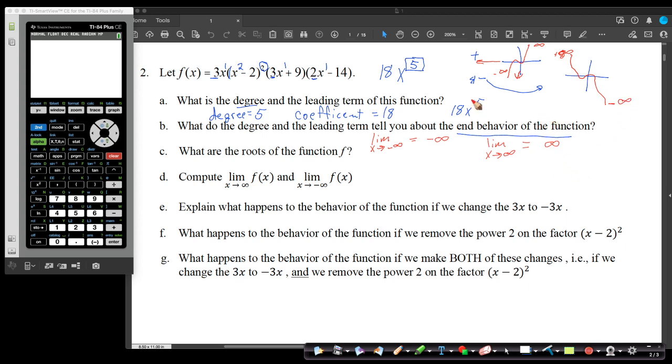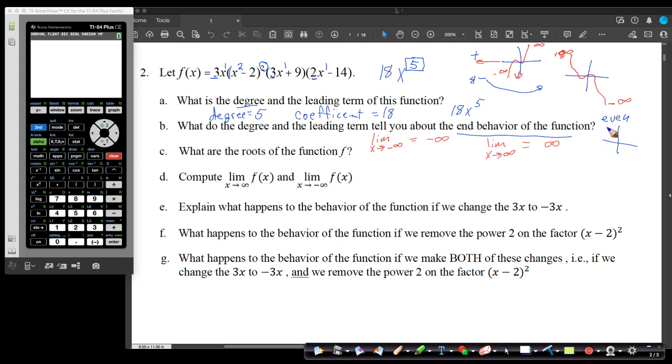Now the other part is if this had been an even function, it's different. Had it been even, evens are U-shaped.